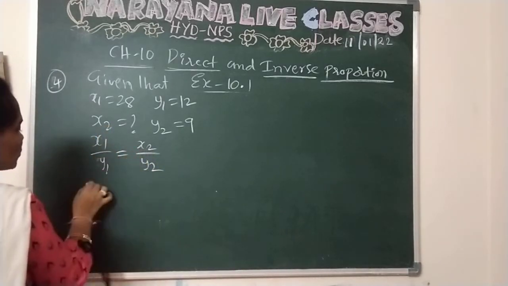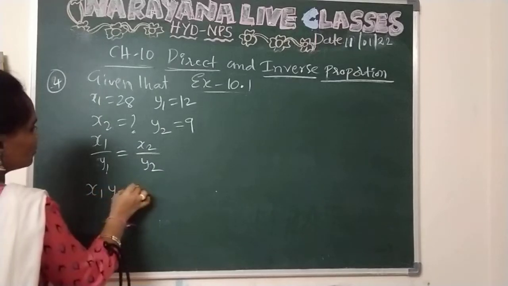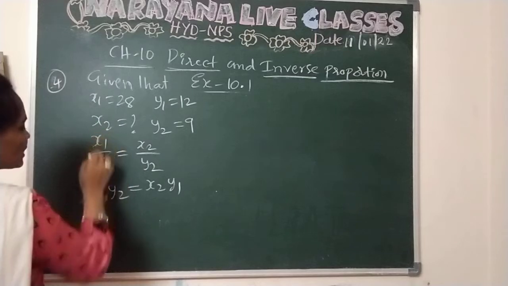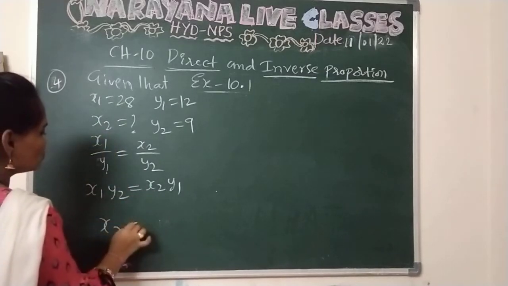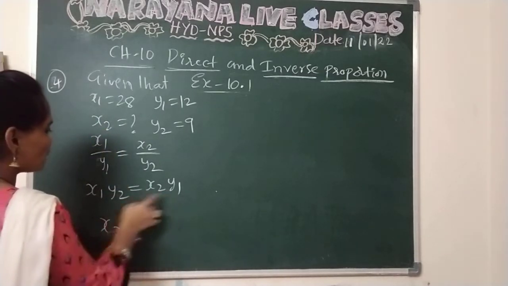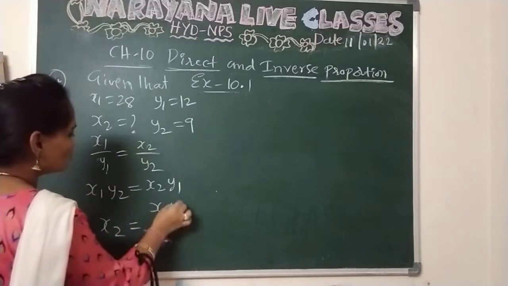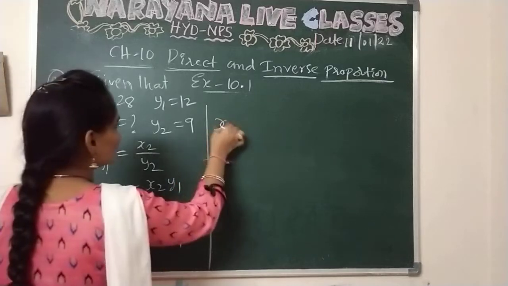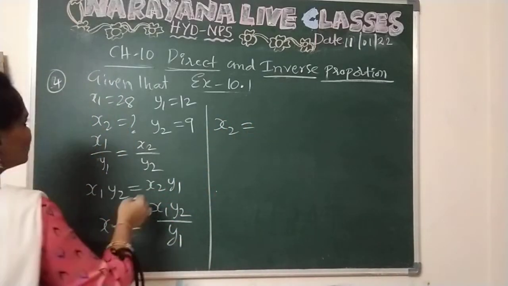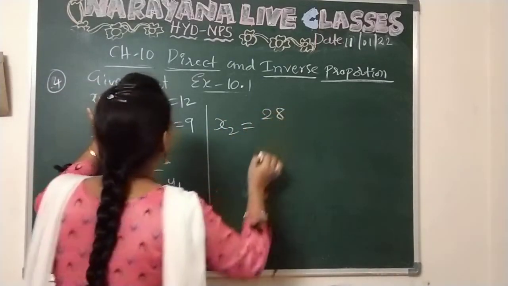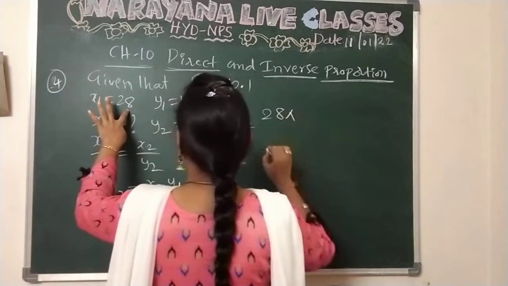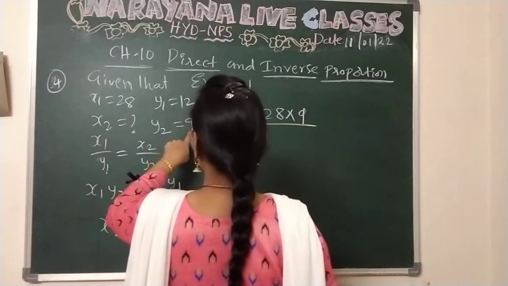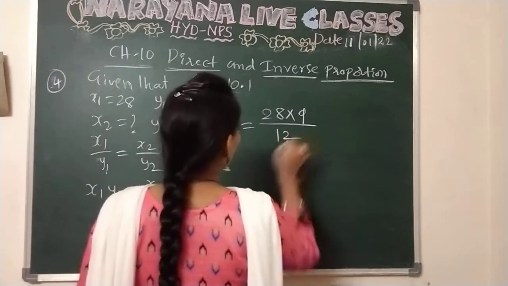First do the cross multiplication, x2 into y1. So x2 is equal to, transposing multiplication will give a divisor, right? Now substitute the values: x2 is equal to x1, which is 28, times y2, which is 9, divided by y1, which is 12.